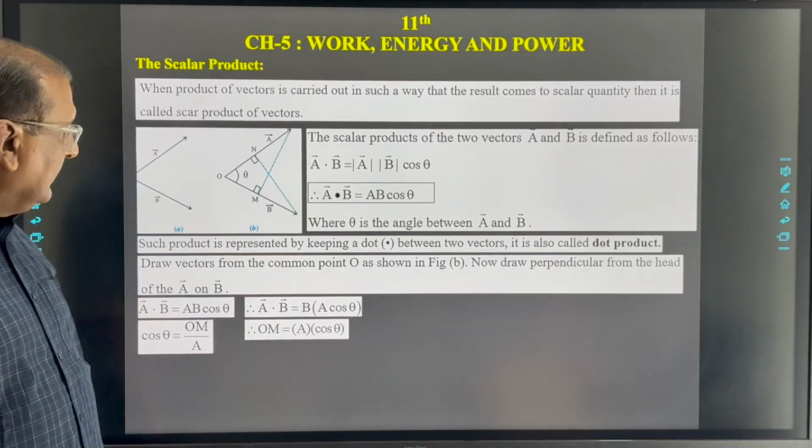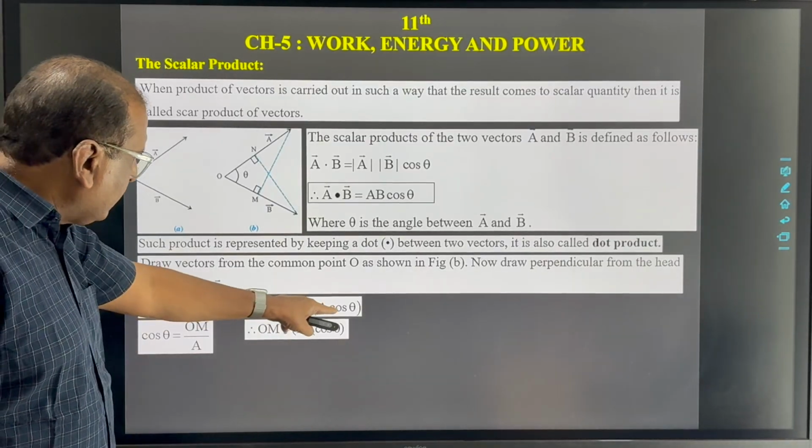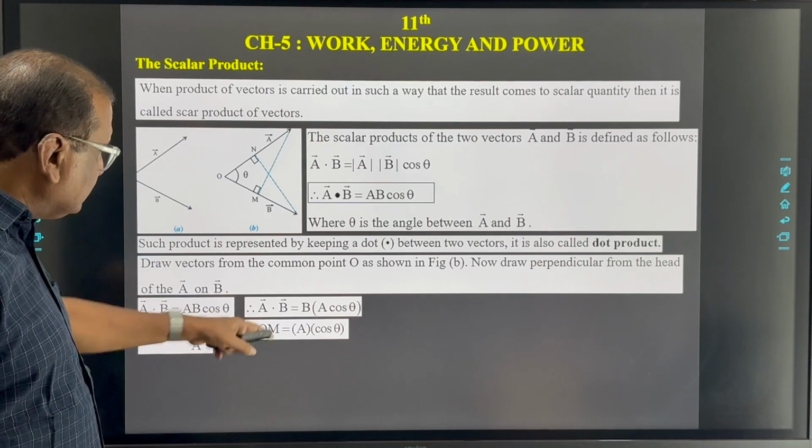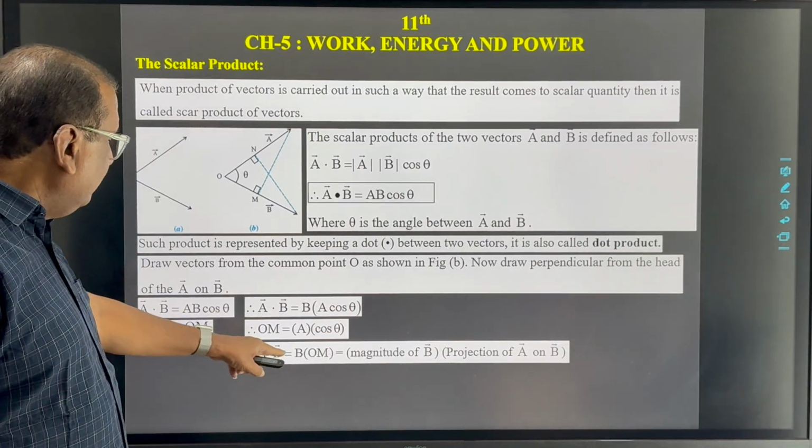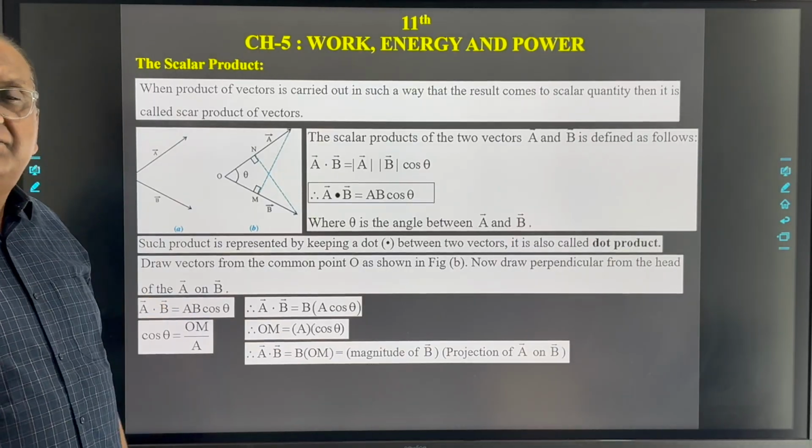Clear? So now here A cos theta we can replace by OM. So we can write A dot B as B into OM.